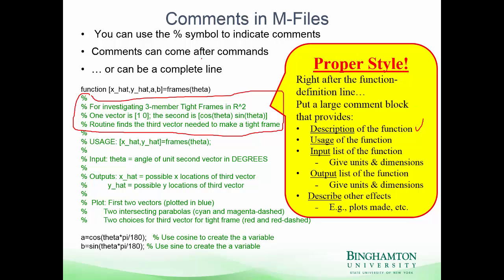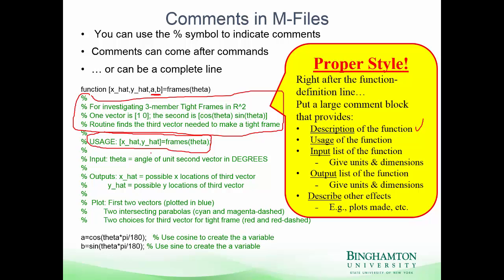The next thing you should do is put a usage line, and that shows the user how to call this function. And here, I'm guessing I wrote this before I started to include 2 additional output variables. So technically I've made an error here. I should have comma A and comma B here. So bad style on my part.